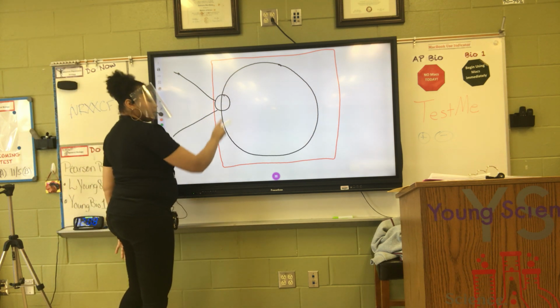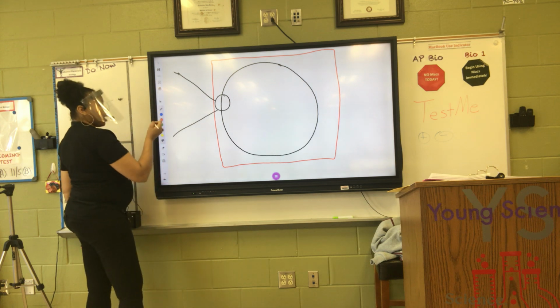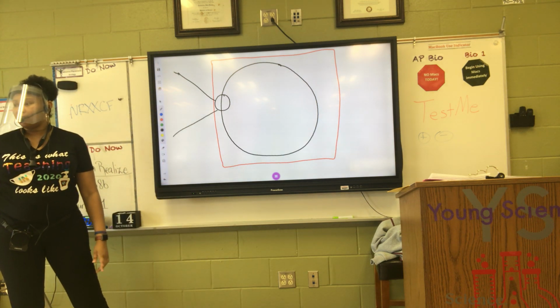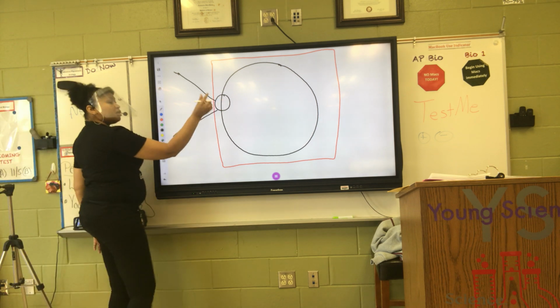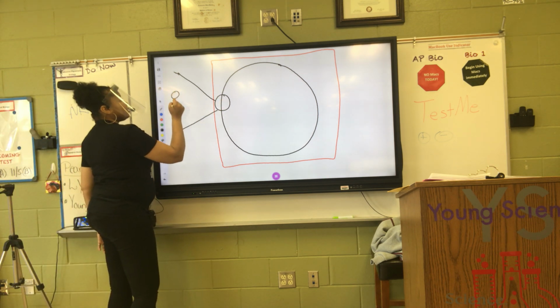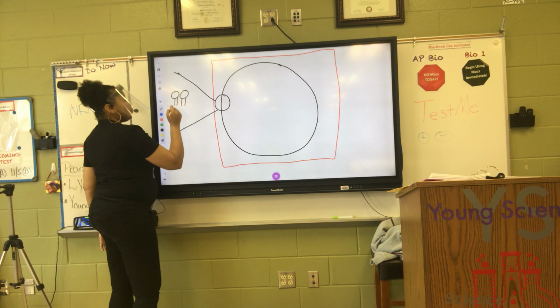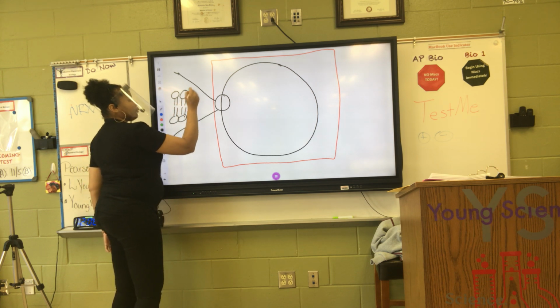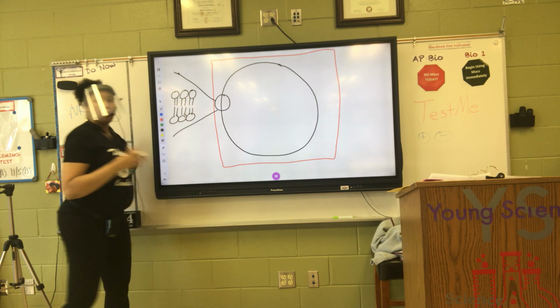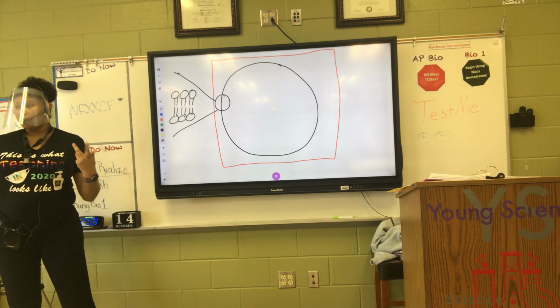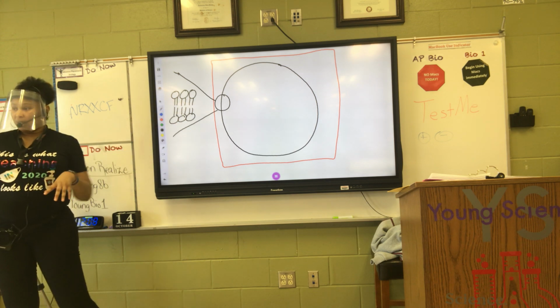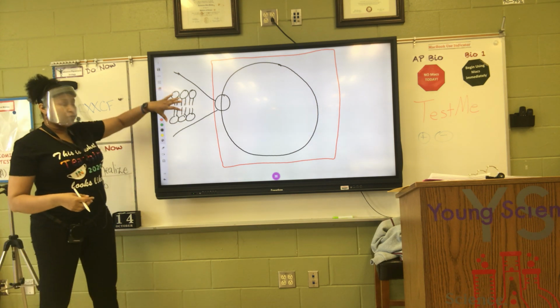Even though this is represented by a single line, what you actually have is a bilayer of phospholipids. What does bi mean? Two. So that means if I was to zoom in on this, what I would see would be two layers of phospholipids. Now there's also proteins in this membrane and there's cholesterol in this membrane, but we want to focus on what the majority of it is, right? The majority is the phospholipid.